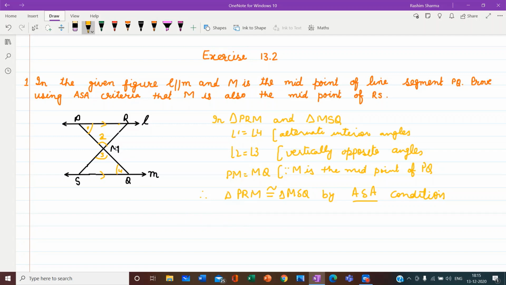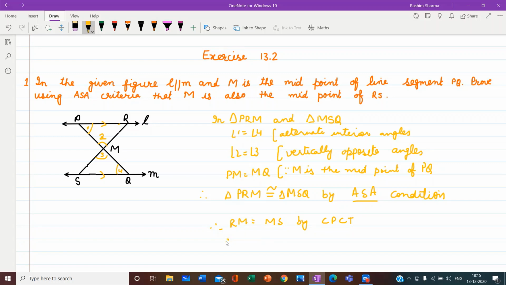So by CPCT we can say here that RM is equal to MS. Therefore RM is equal to MS by CPCT. CPCT means corresponding part of congruent triangles.